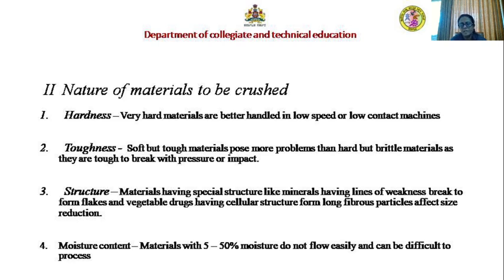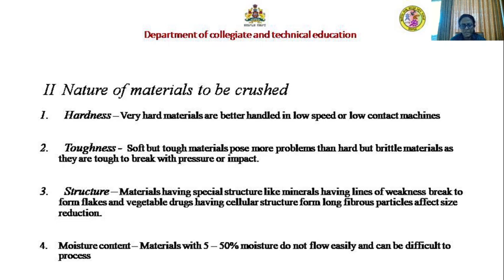So such kind of materials should be analyzed beforehand for their structure, and accordingly we have to design a suitable size reduction equipment. The moisture content present in the feed to any size reduction machine also plays a very important role. If the material contains moisture higher than 5%, up to 50%, then the material flow is affected.